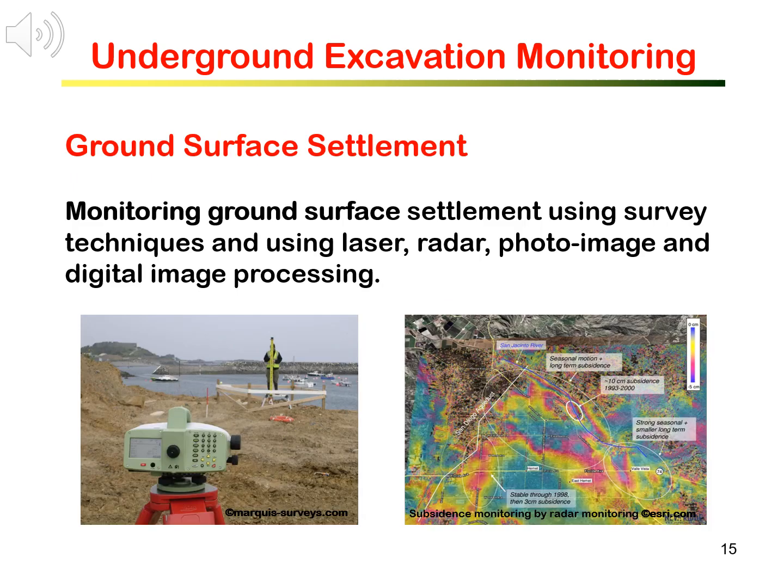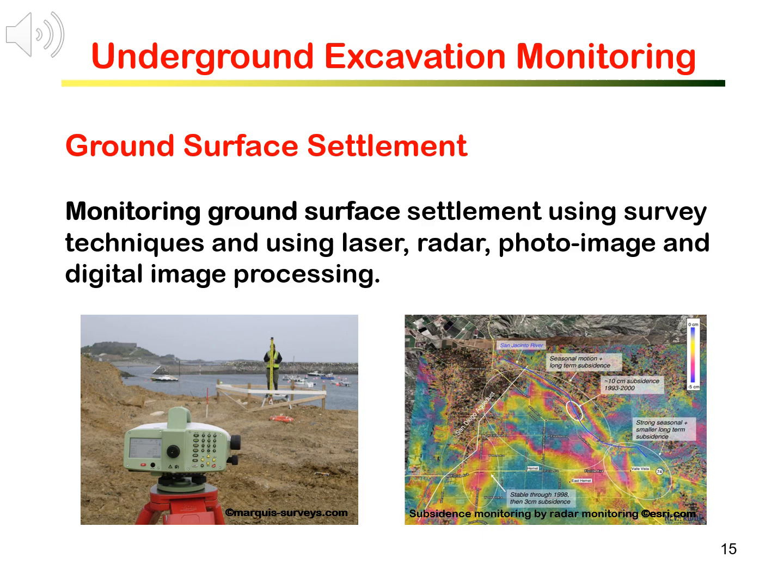In tunneling, particularly in urban areas, ground surface settlement is constantly monitored. Monitoring of surface settlement above a tunnel is usually done with traditional surveying techniques to measure any changes of ground elevation.